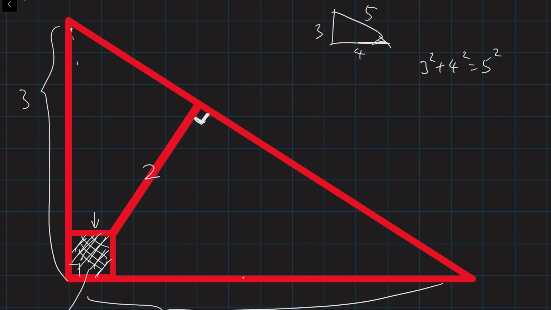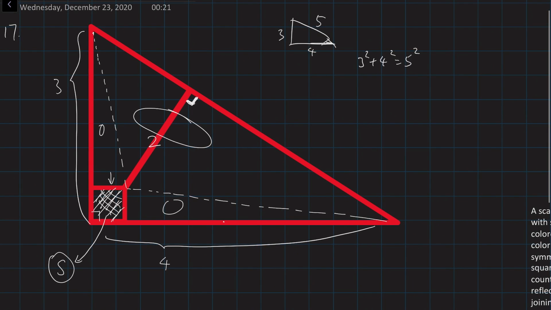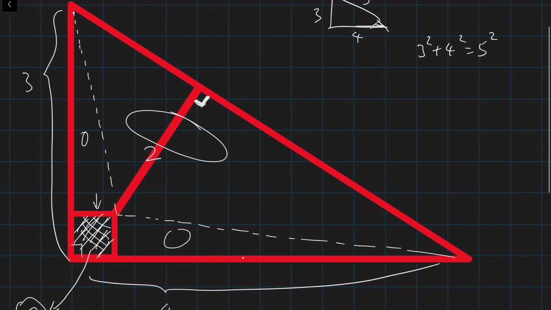What I did is that I drew a line that facilitated the problem solving. So I drew a line here as well as here, so that these two lines split the entire triangle into 1, 2, 3 pieces.